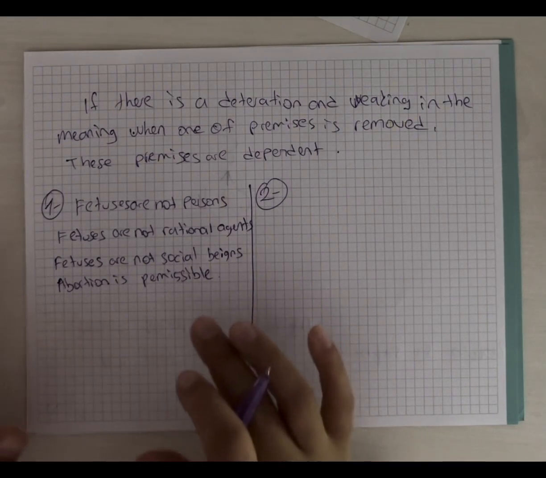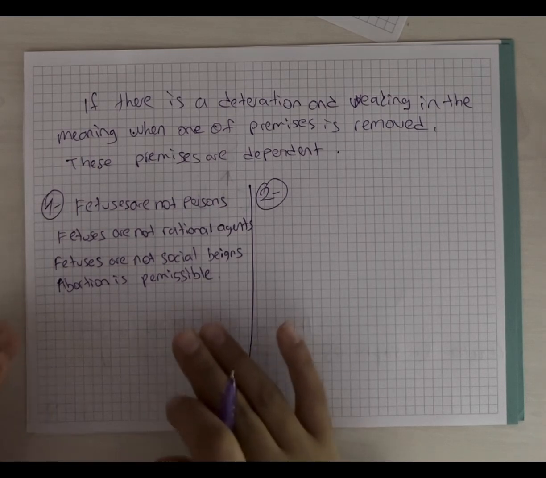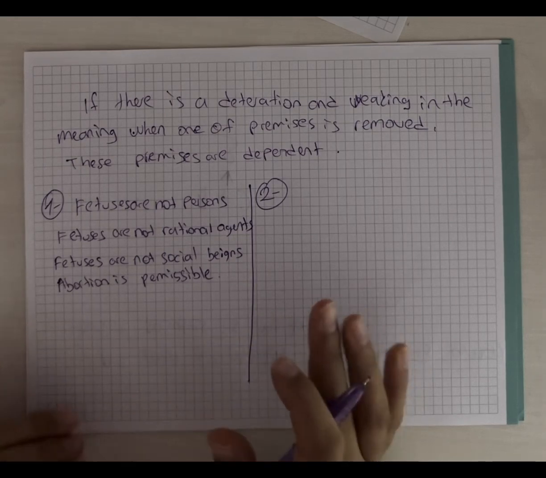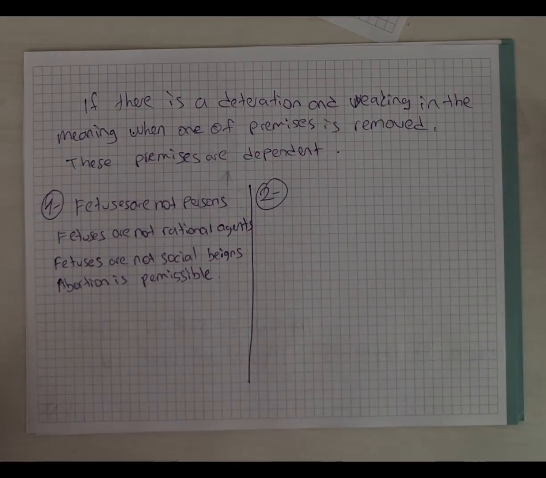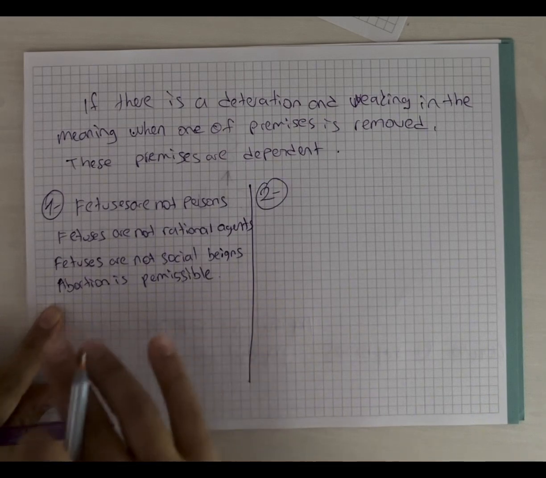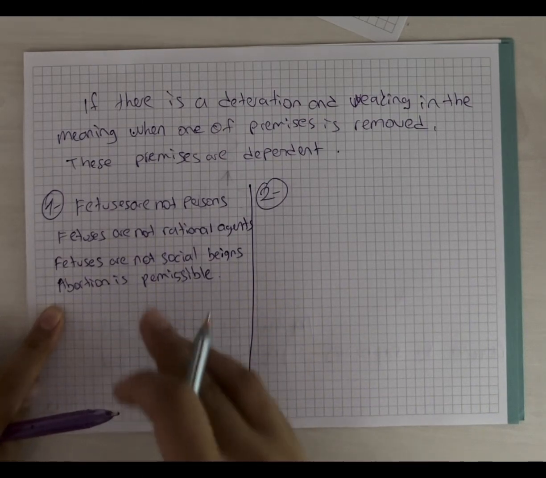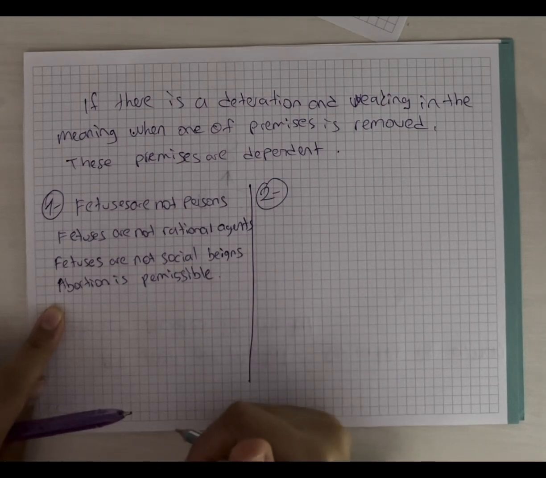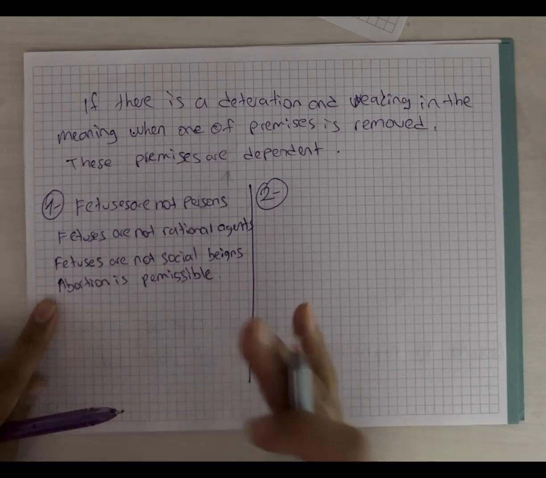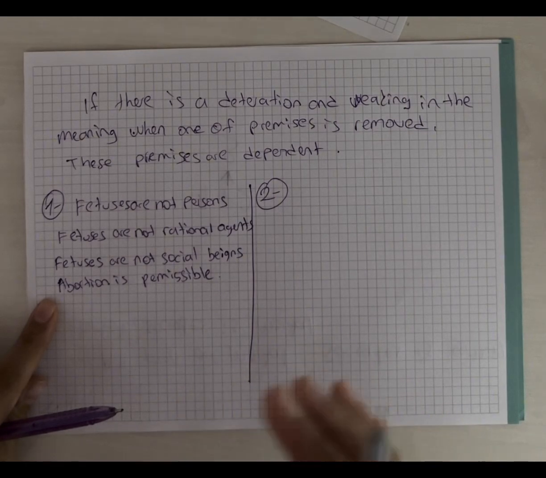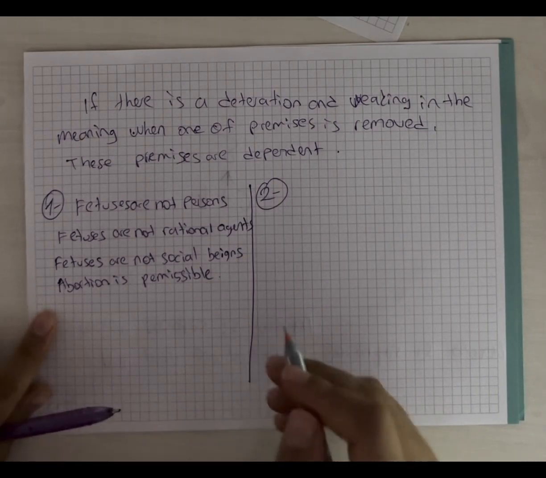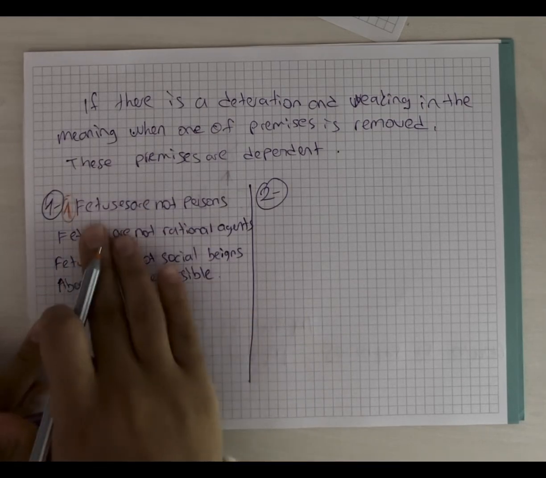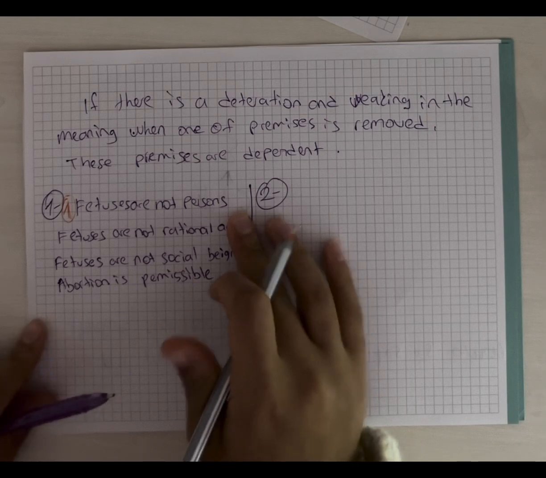In this paragraph, as you can see, there is no indicator, and the other step is to give a number to each statement. I wrote these statements separately on purpose, so you can understand our premises easily. First premise, fetuses are not persons.